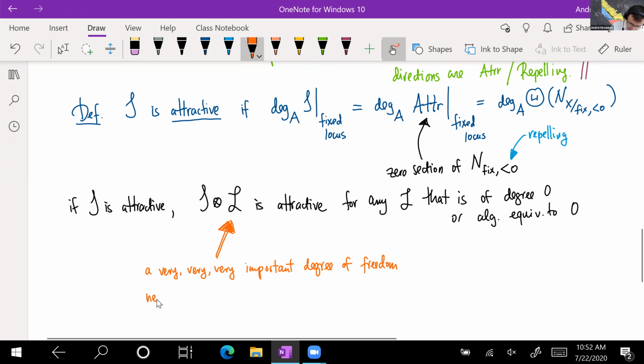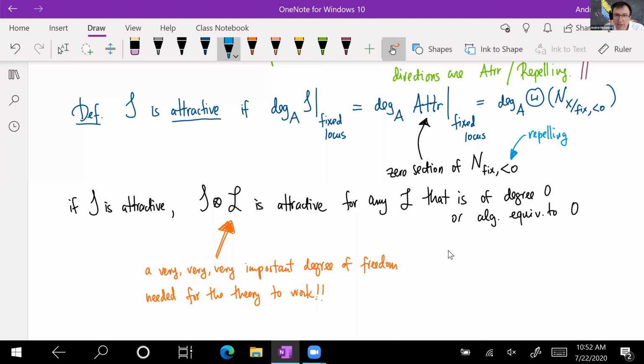So this is needed for the theory to work, for a variety of reasons, the simplest one I will explain in a minute. But you can ask, what is this degree of freedom?